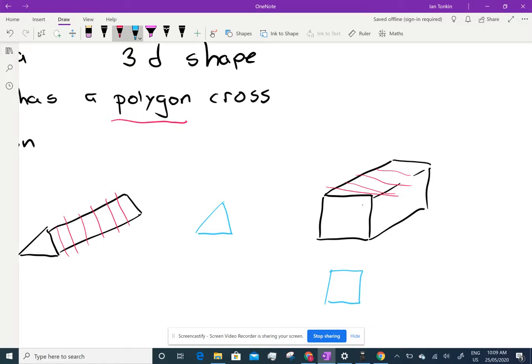Or you can slice it this way, right? So if you cut it down there, you'd get a rectangle. They're still polygons though, if you cut them that way. So that is a prism as well.